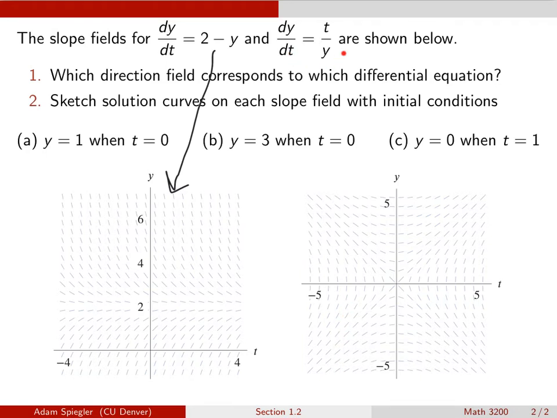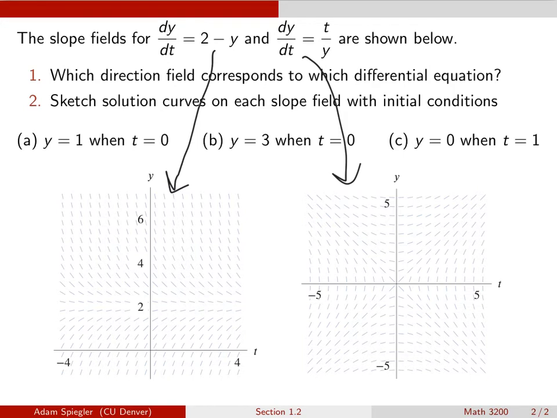So because this differential equation depends on t and y, we're seeing that the slopes in the slope field are changing when we change both y and t. So by that process, we've matched up each of the differential equations with one of the slope fields.